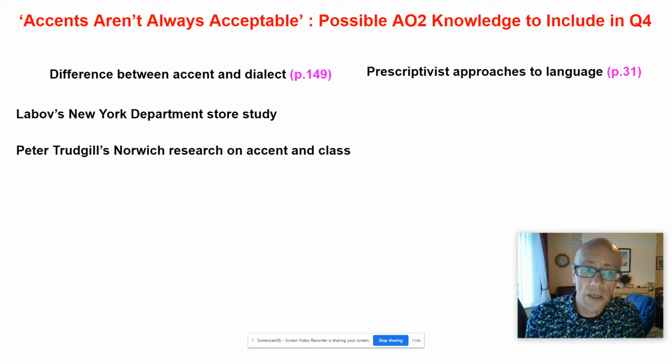If you wanted to be closer to home, then you could refer to Peter Trudgill, who is trudging around an East Anglian town, Norwich, in the 1970s. And he too finds a very close correspondence between a person's accent features and their social class. In this case, he was focusing on the so-called velar nasal phoneme, which is the ng sound, as in walking.